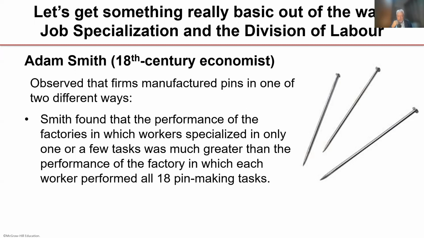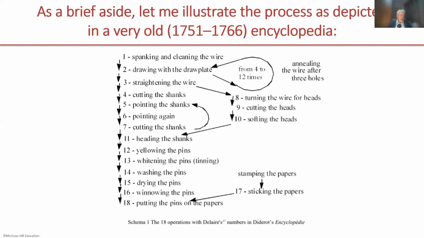And he found that pins are made with 18 separate tasks. I'll put them on a slide for you, so let me show them to you. Those are the 18 things you do to make a pin. You spank the wire. That's basically just soften it so that you can work it. And you clean it, and you draw it out or extrude it, and you straighten it. And 18 functions later, you've got yourself a pin.